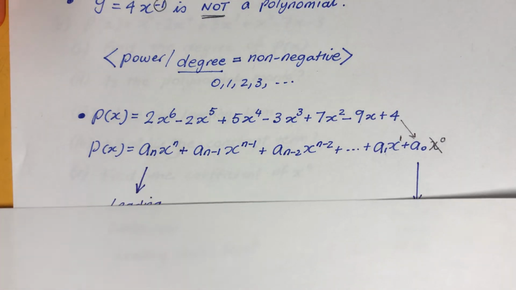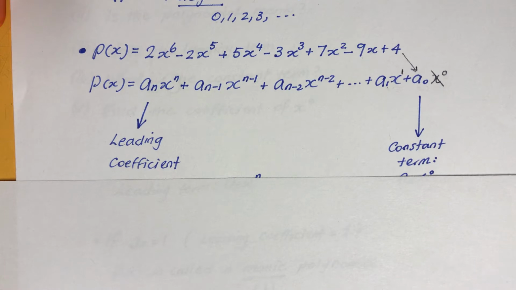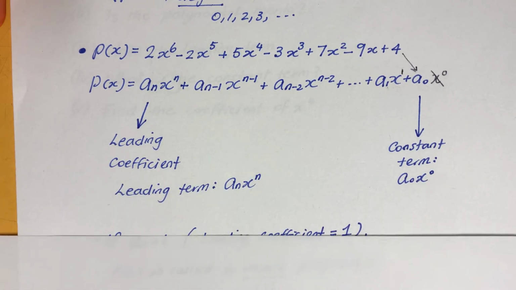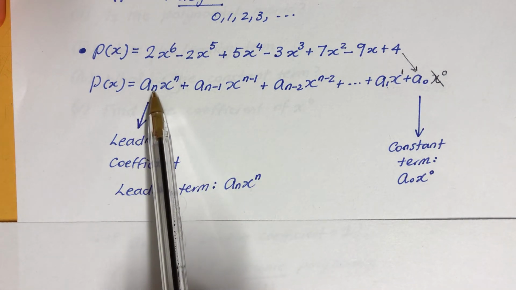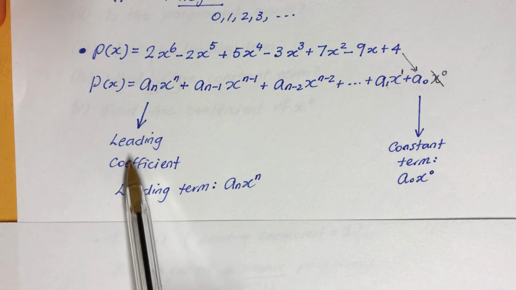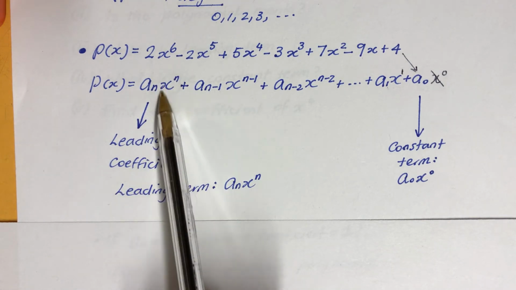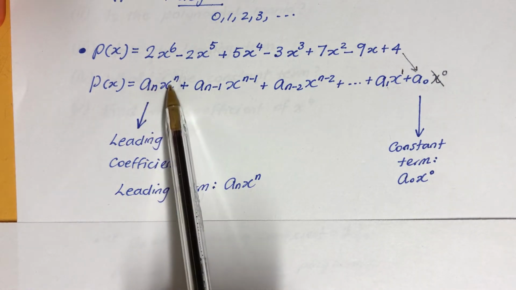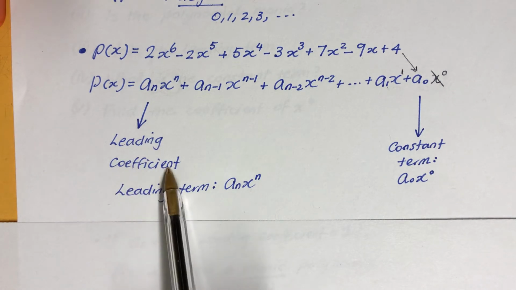Okay, so let's have a look at a little bit more detail now with the terminology of the polynomial here. Okay, here we go. So the nth term coefficient, this is what we call the leading coefficient. Why? Because it's got the highest power, the highest degree n. So the coefficient for the highest degree is what we call the leading coefficient.